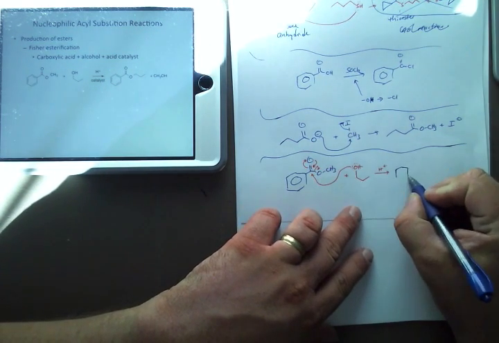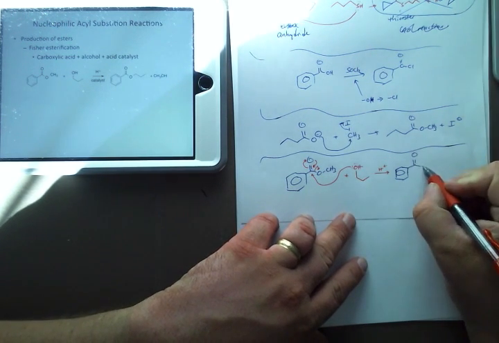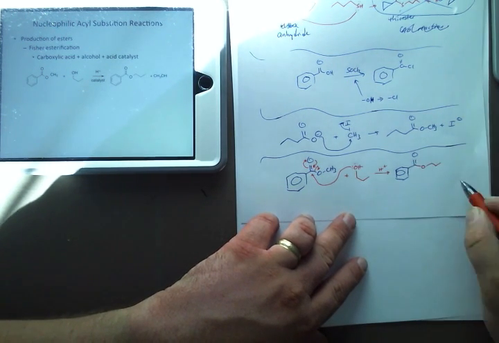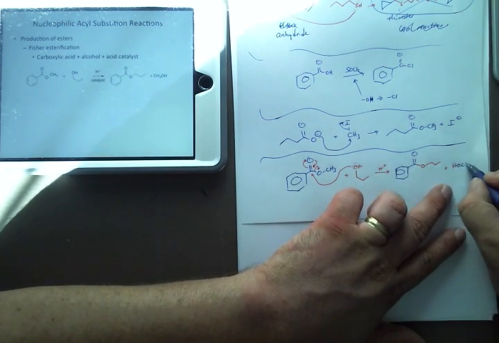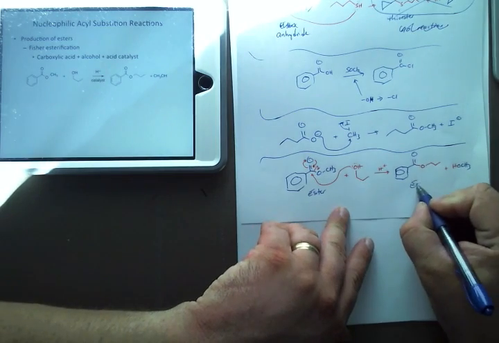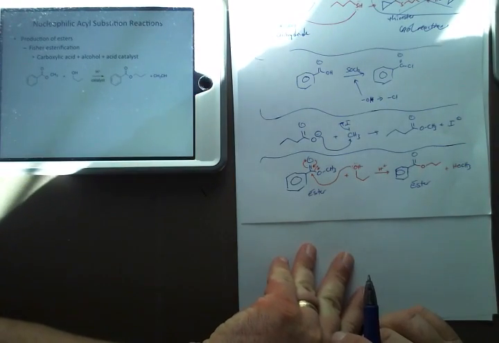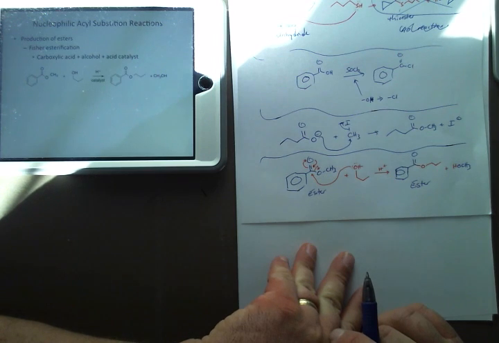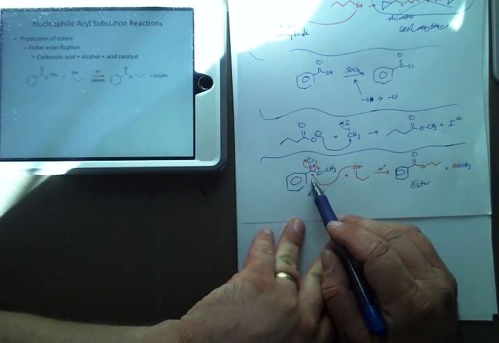And then your 3 carbon piece, plus H and then OCH3. You're going from ester to ester, right? That's fine. You're going side to side. You're good to go. You can just swap the alcohol out of here.